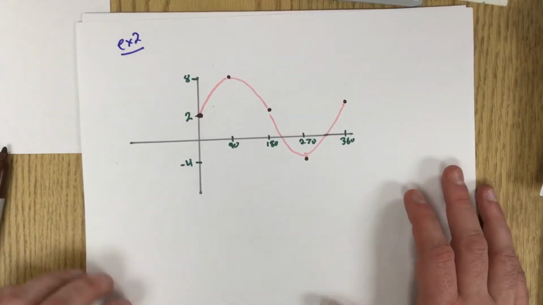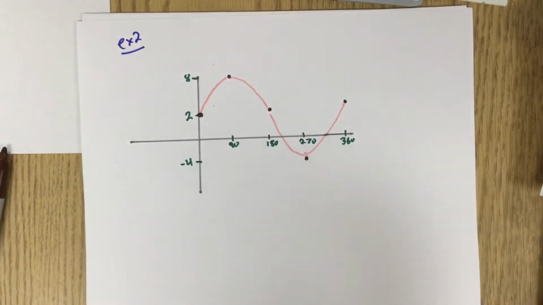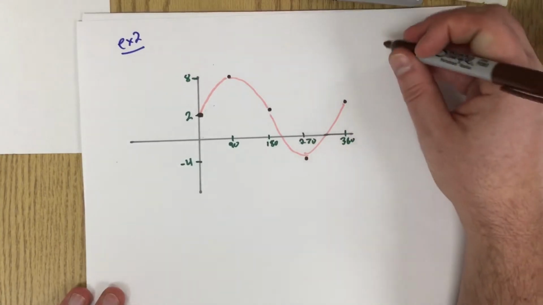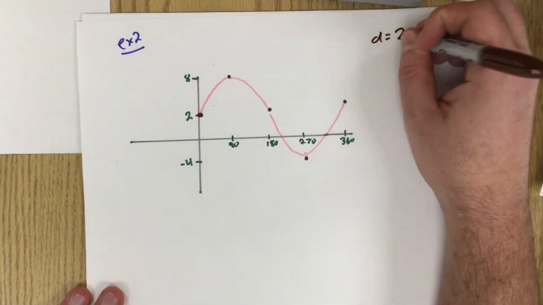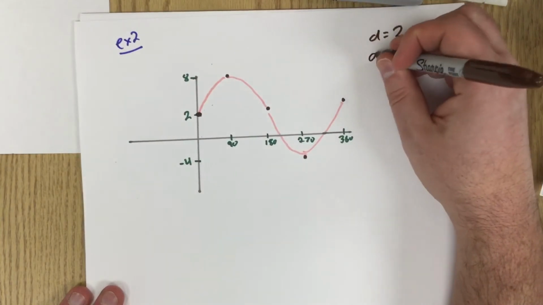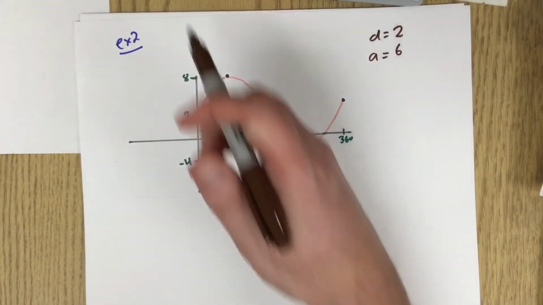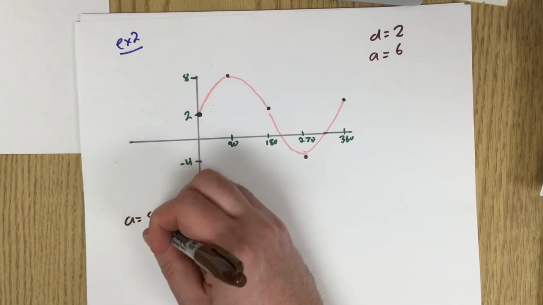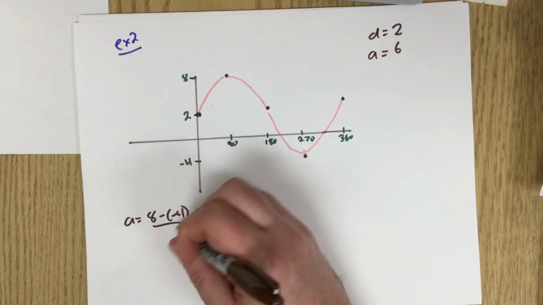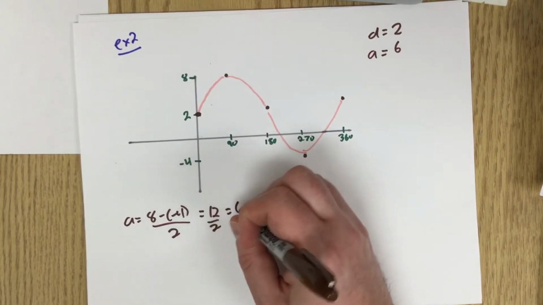Okay, example 2. Same idea. The middle is 2, so d looks like it's 2. The amplitude, which is the distance from the middle to the top, is going to be 6. And if we didn't know it, we could say that a is 8 minus negative 4 over 2, which is 12 over 2, which is 6.